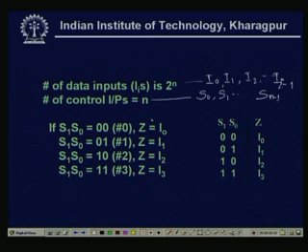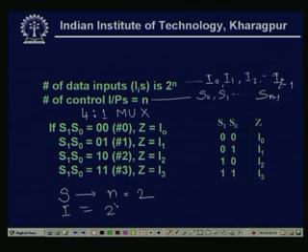Just now what we have seen is for a 4 to 1 multiplexer. For a 4 to 1 multiplexer, S should be 2 lines, or n equals 2, and the number of inputs is 2 to the power n, equal to 2 squared, equal to 4.